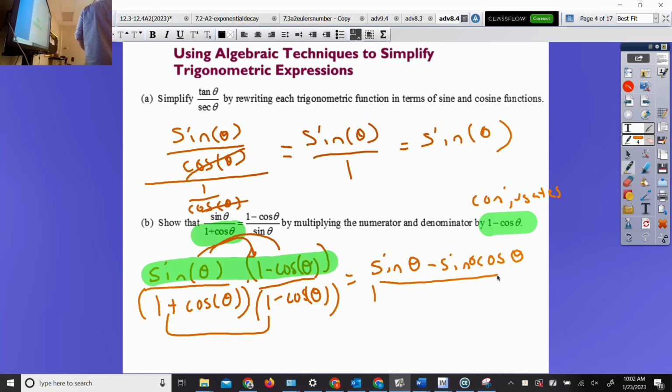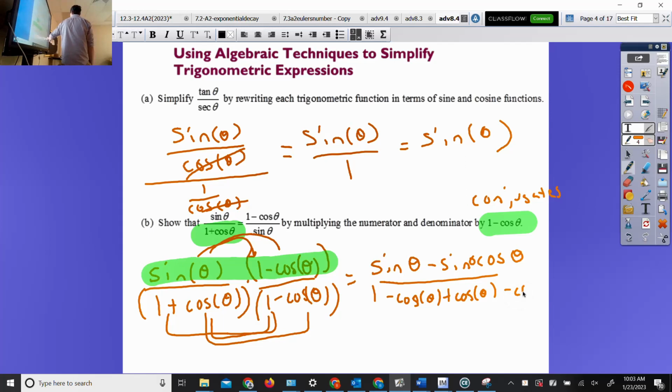If you remember anything about multiplying by conjugates, things disappear. 1 times the positive cosine, cosine theta. And then cosine theta times the negative cosine theta, negative cosine squared theta.